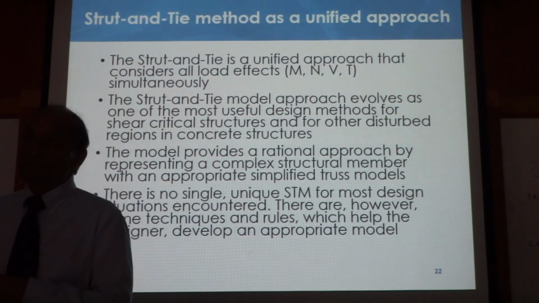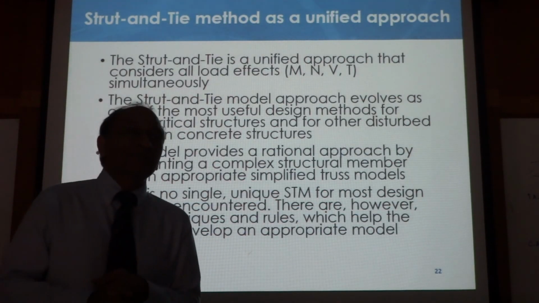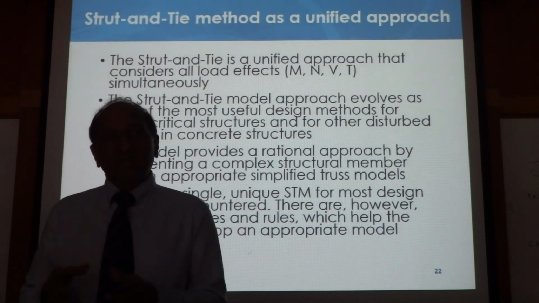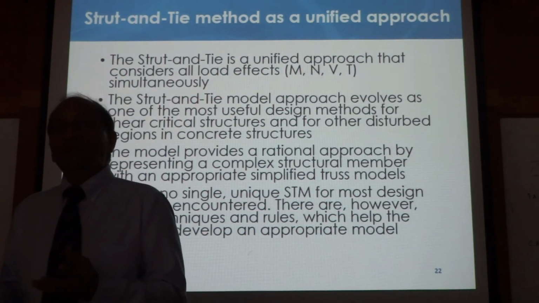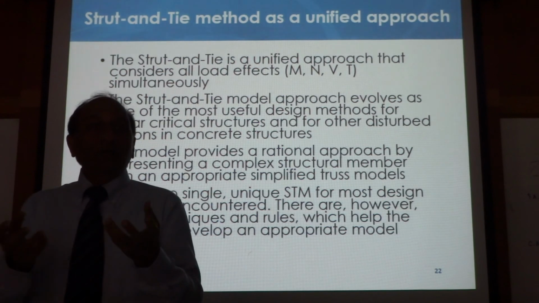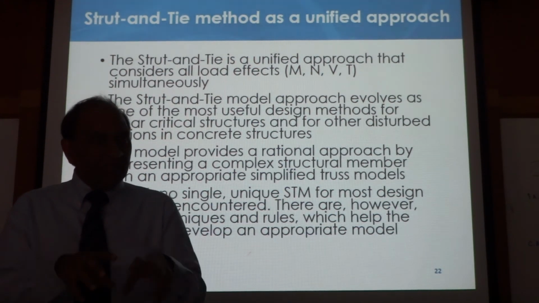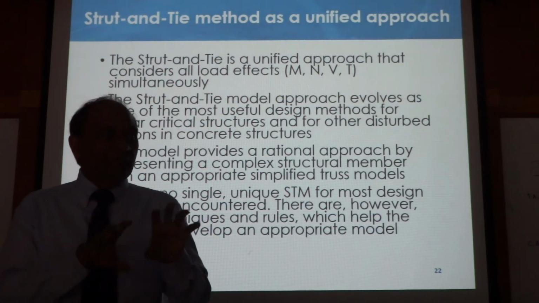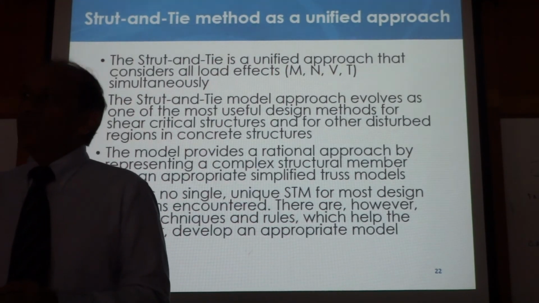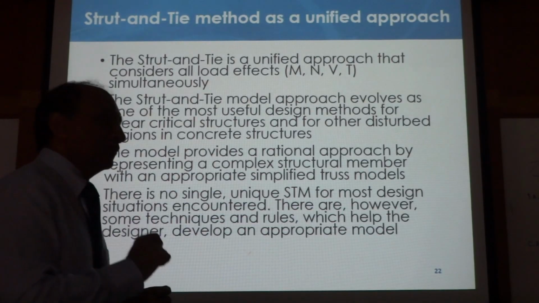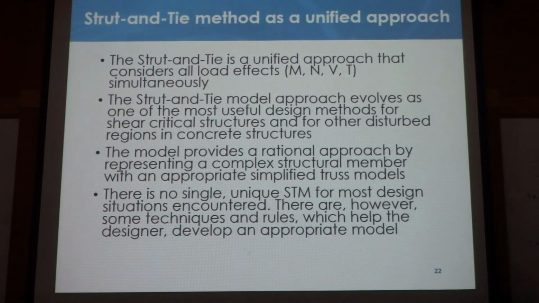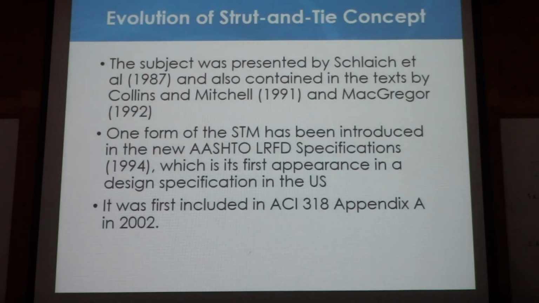It is not unsafe to assume that all concrete in tension is gone and all compression is taken by concrete and all tension by steel. But actually steel also takes some compression, correct? Concrete also takes some tension. So our assumption is on the safe side. If we use this method, we come to a simple solution yet safe, right? That is what we call lower bound.